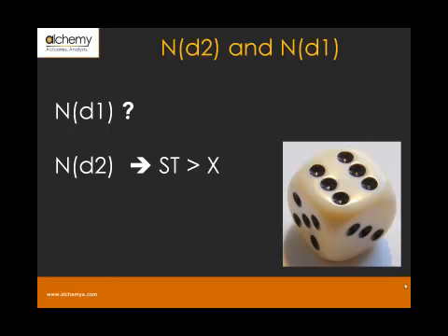That probability is 3 by 6. The conditional probability that we're now looking at, we're saying, what is the value of S_T given S_T is greater than X?